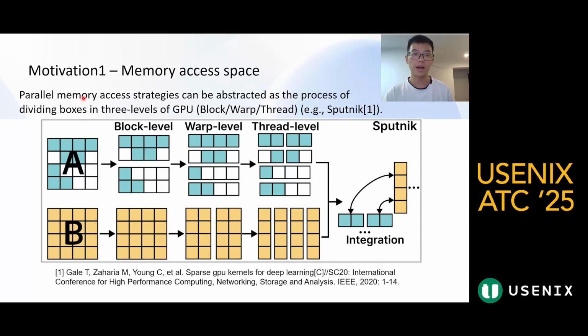Inspired by previous works such as Bottleneck published at IC20, parallel memory access strategies can be abstracted as the process of dividing boxes at 3 levels of the GPU like this. Sparse matrix and dense matrix are divided at block, warp, and thread level and integrated finally.